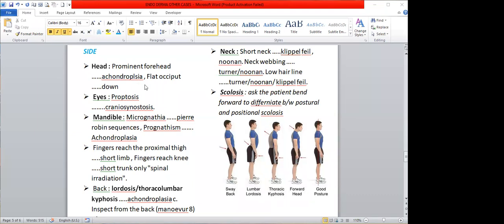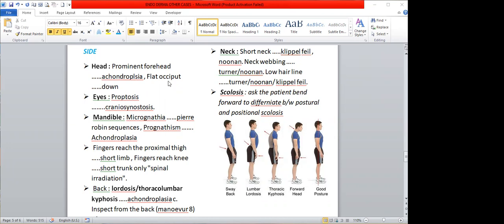That is present in achondroplasia because of what? Hydrocephalus, macrocephaly. Hydrocephalus will be there in most children with achondroplasia, and that's why the forehead will be prominent. And basically the flat occiput.